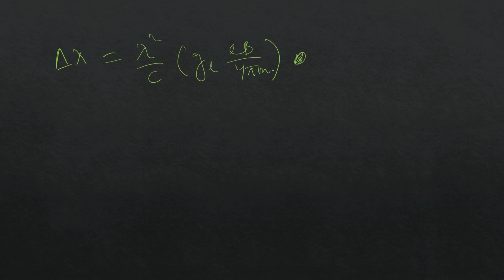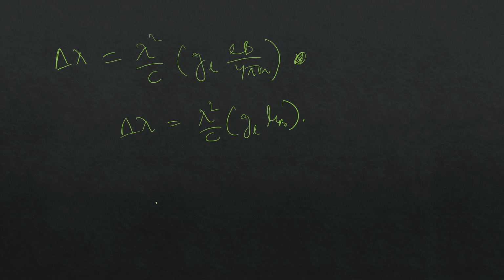Okay, eb by 4 pi m. So del lambda is equal to lambda square by c, gl mu b. Okay, this is your mu b, isn't it? This is your mu b.